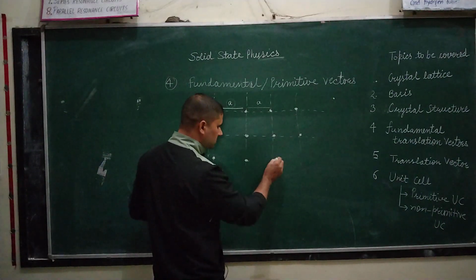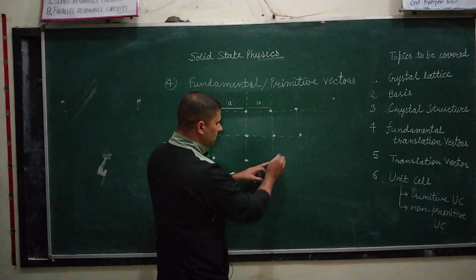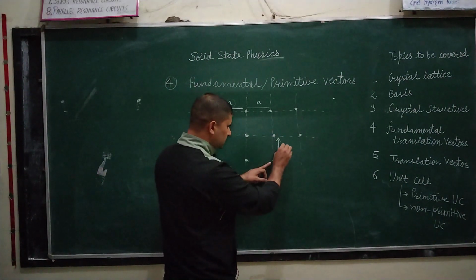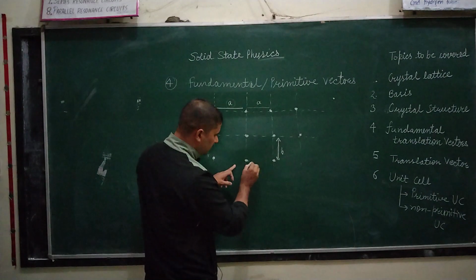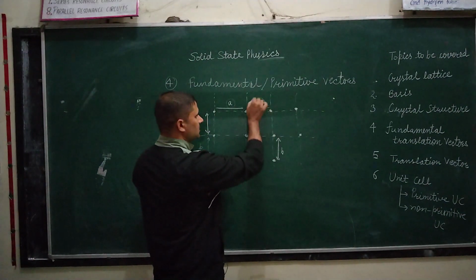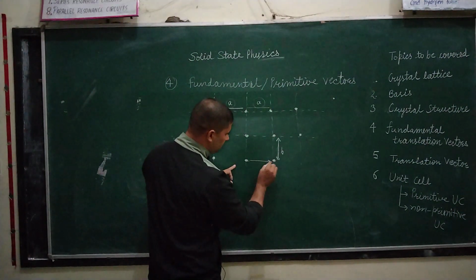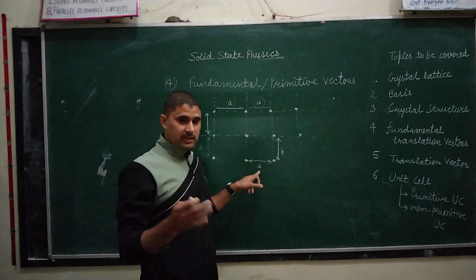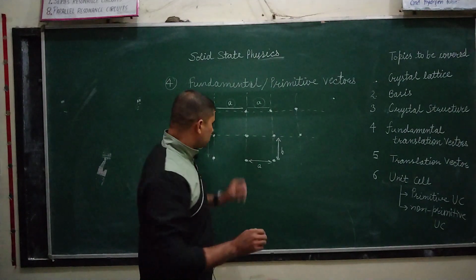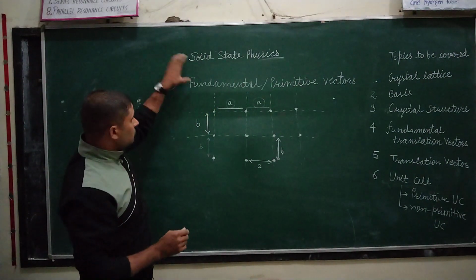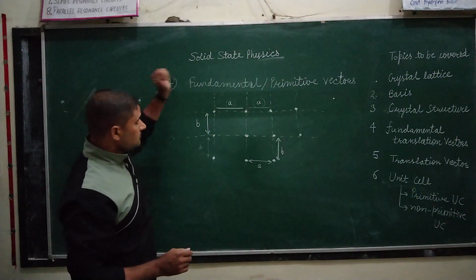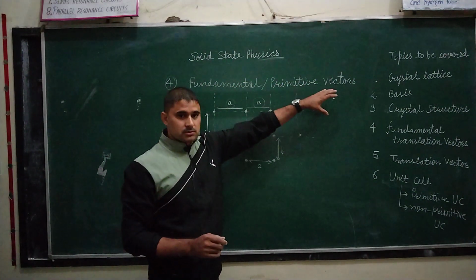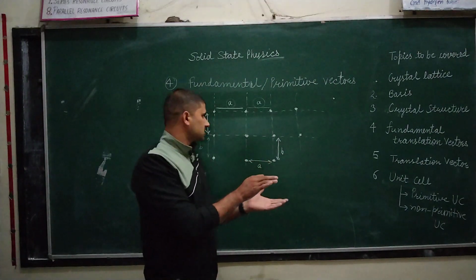So here you can see in downward direction the distance of the particle will be b, and if you see along this direction the distance must be a, otherwise periodicity and definite arrangement will break down. Okay, so this is the thing. Now we are to see what are the fundamental and primitive vectors which form the crystal structure.